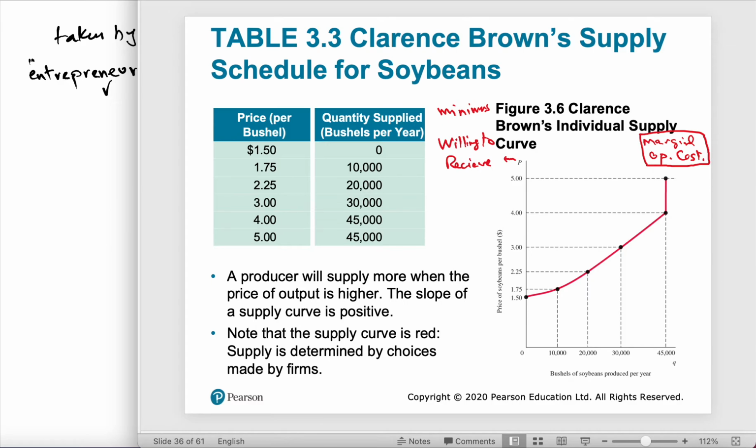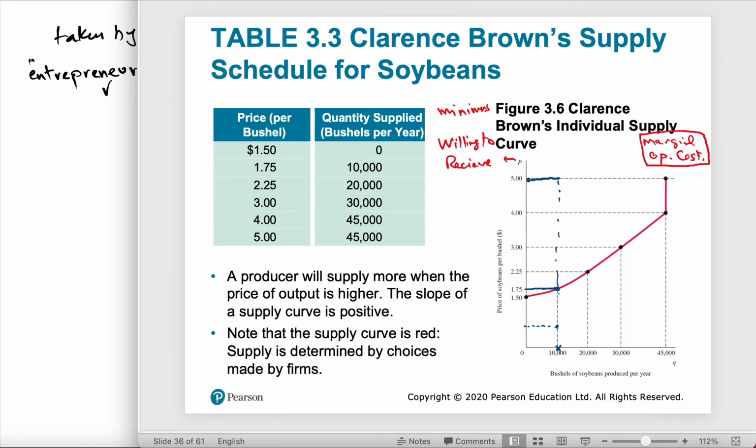Let's pick a quantity. Let's say they want to produce this much. Are they going to sell it at this price? No, because it really costs this much. The marginal cost for 10,000 is 1.7 per bushel, per unit, or per kilogram, whatever. But are they willing to sell it at this price? Of course they will, because it really costs them this much.